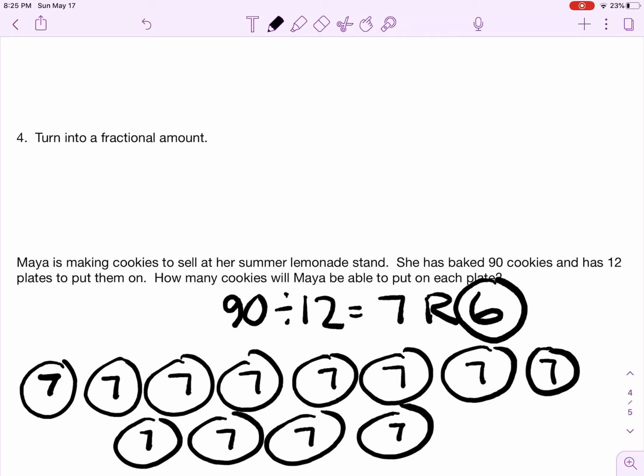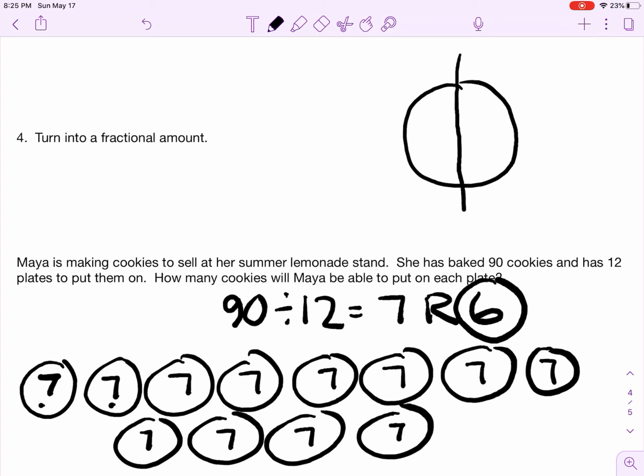So I could take each of those 6 leftover cookies, since they're probably going to be in the shape of a circle, and I could divide them in half. So I could put half of a cookie on this plate, half of a cookie on this plate.